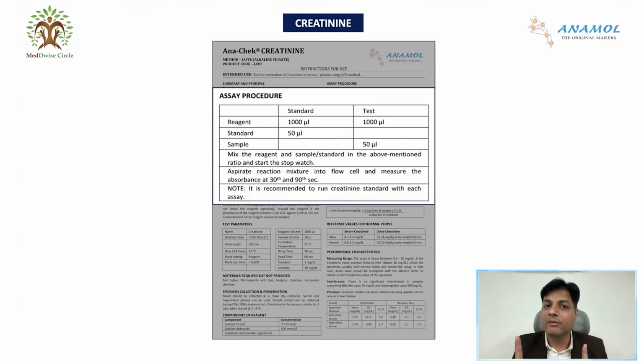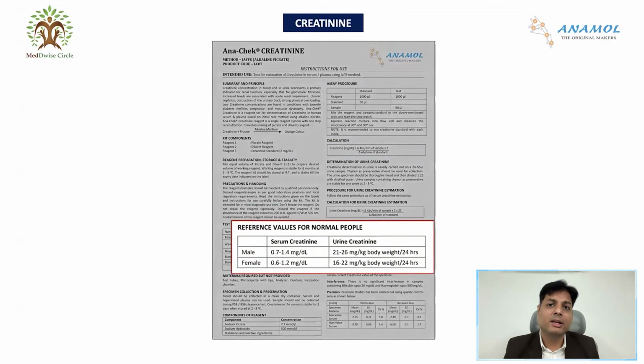So that particular information of final color stability is also mentioned in the assay procedure. So if the manufacturer claims that the final color is stable up to 120 minutes only, then we need to take the absorbance within 120 minutes after the incubation is complete. All of this information is available in the instructions for use.